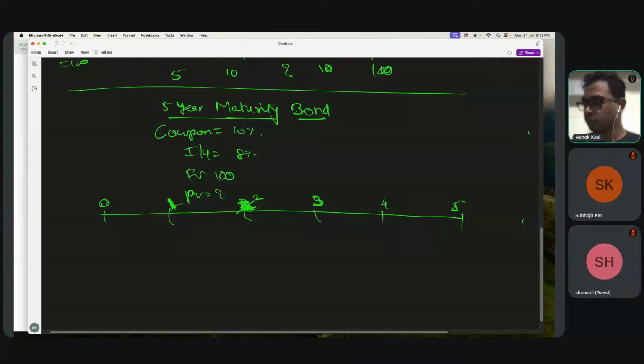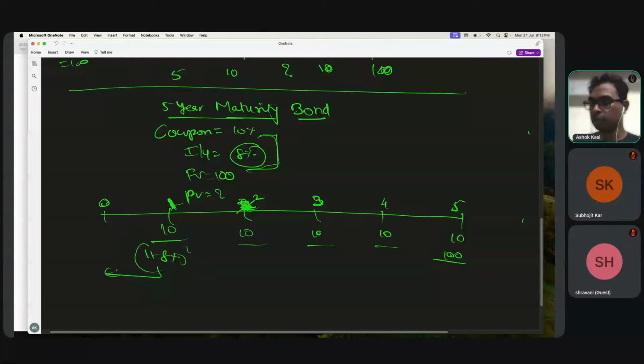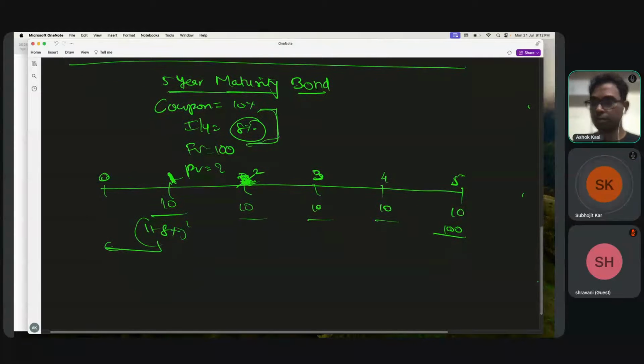So what is the payment over here? 10, 10, 10, 10, 10, and then 100. Now 1 plus IY, the discount rate of 8%, raised to 1. Just calculate this and keep it in store 1. Keep telling me the number. 9.25.